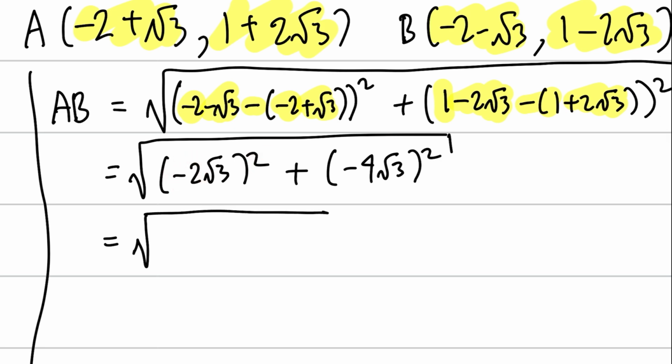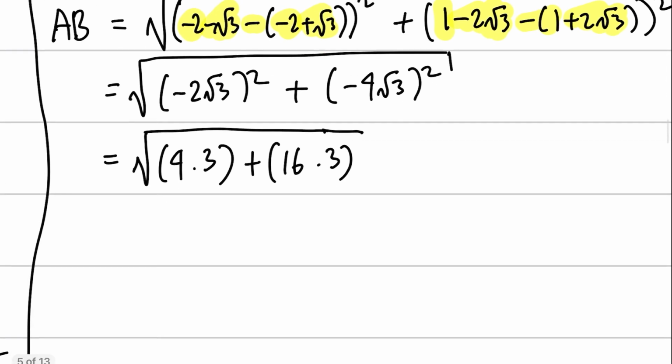-2 squared is 4. And then we have square root of 3 squared becomes 3. So 4 times 3, plus -4 squared is 16, and then square root of 3 squared is 3. Now, you will get square root of 4 times 3 is 12, plus 16 times 3 is 48.